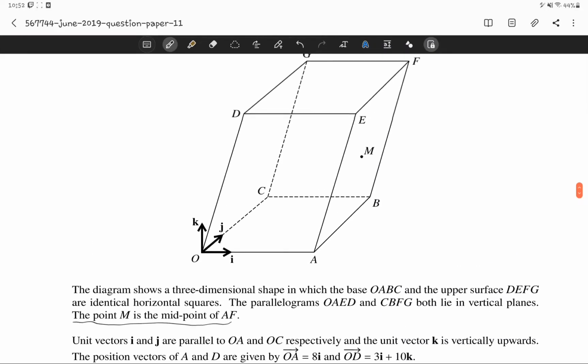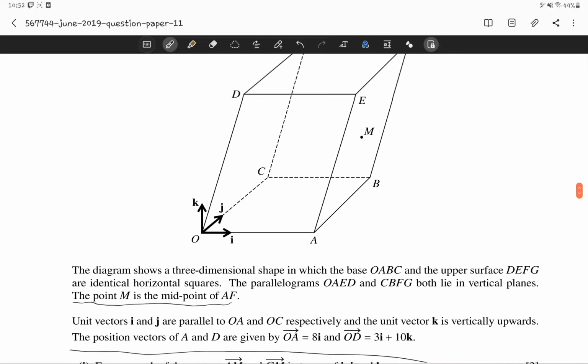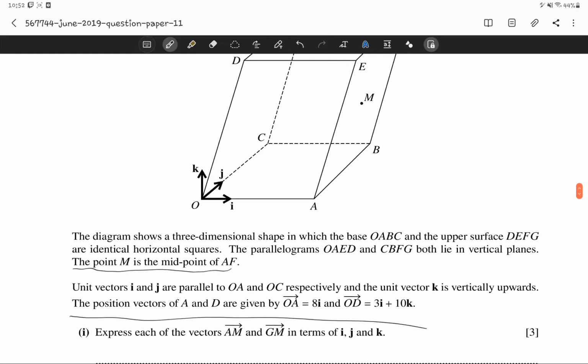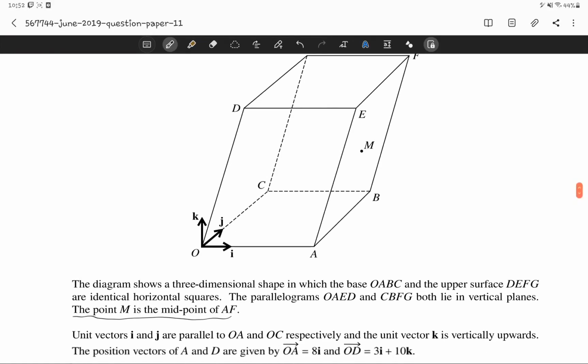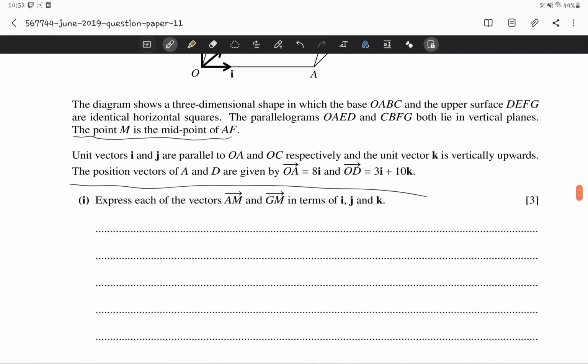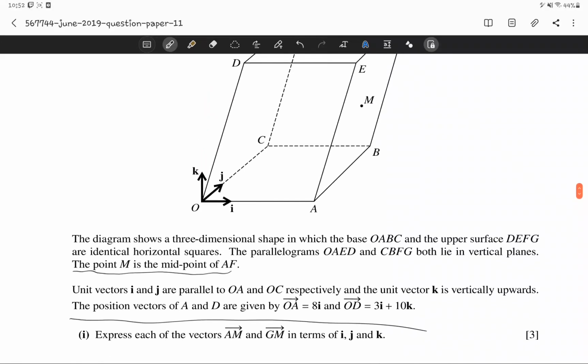OD equals 3i. OD equals 3i plus 10k. Oh, yeah. Okay.